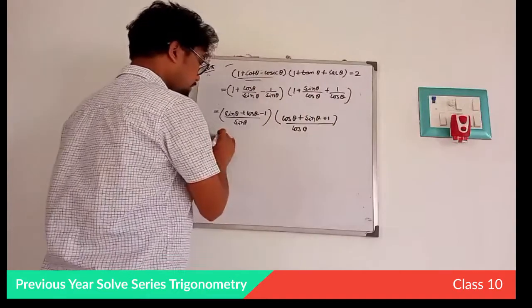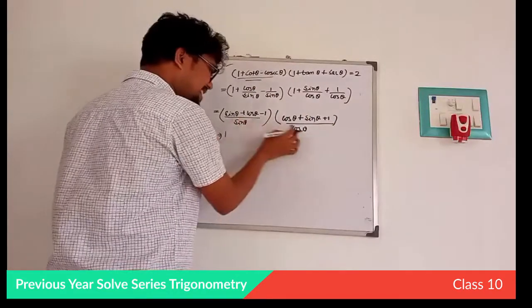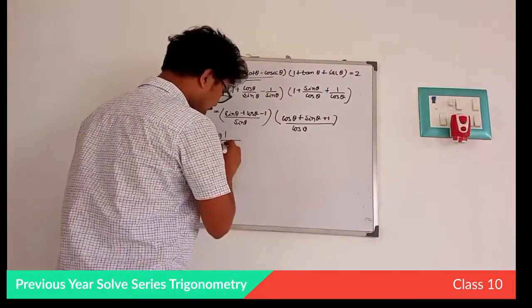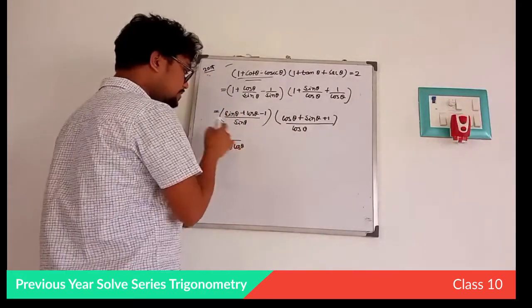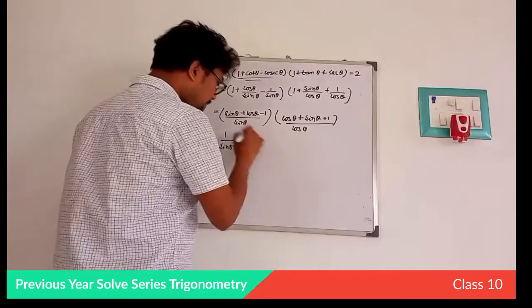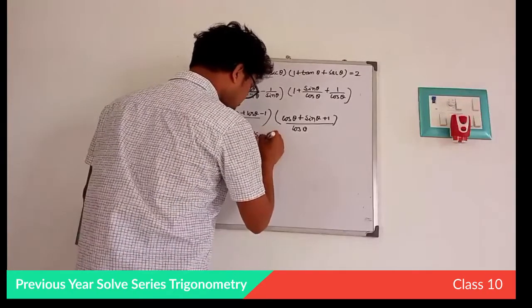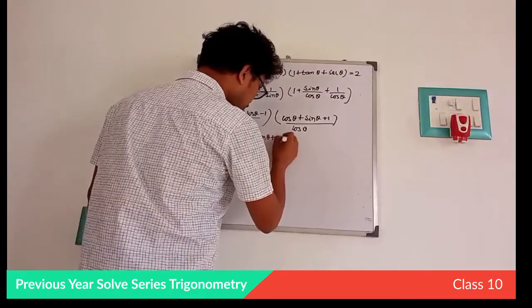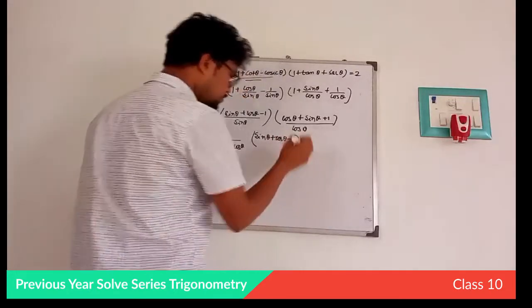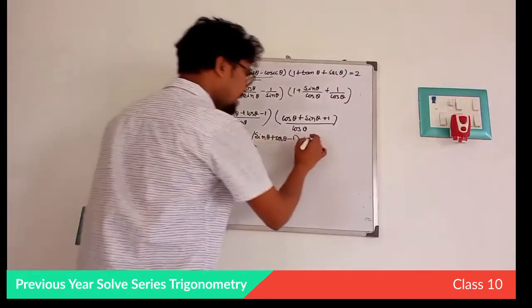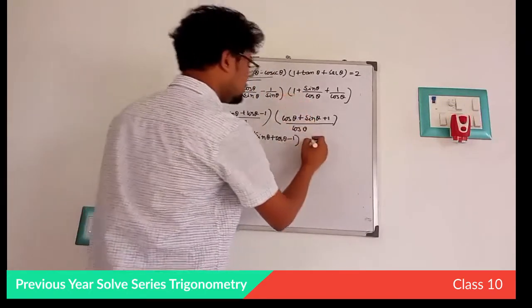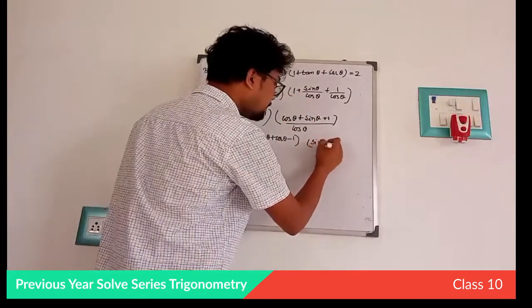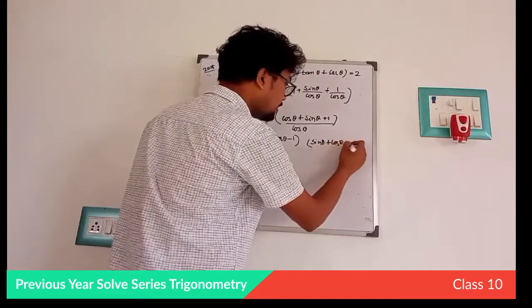Now I take sin theta into cos theta outside: 1 by sin theta plus cos theta minus 1, and sin theta plus cos theta plus 1.